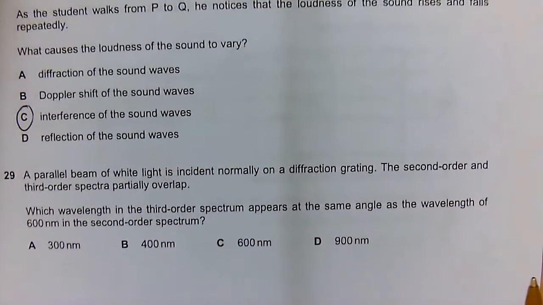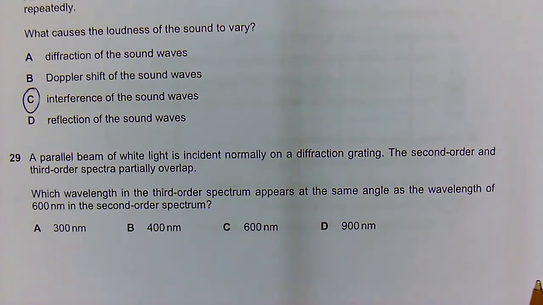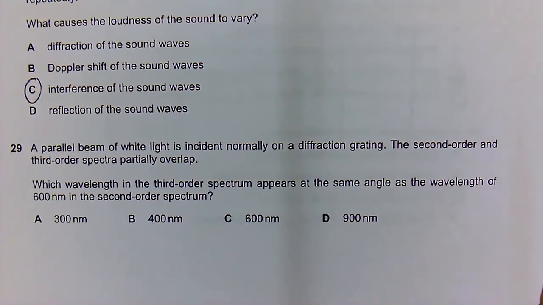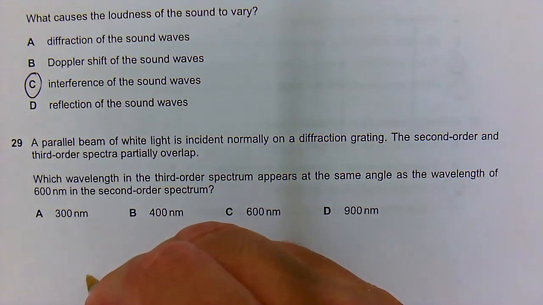So you've got a parallel beam of white light incident normally on a diffraction grating. The second order and third order spectra partially overlap. Which wavelength in the third order spectrum appears at the same angle as the wavelength of 600 nanometers in the second order spectrum? Blimey, that sounds awful. The third order is when n is equal to 3.